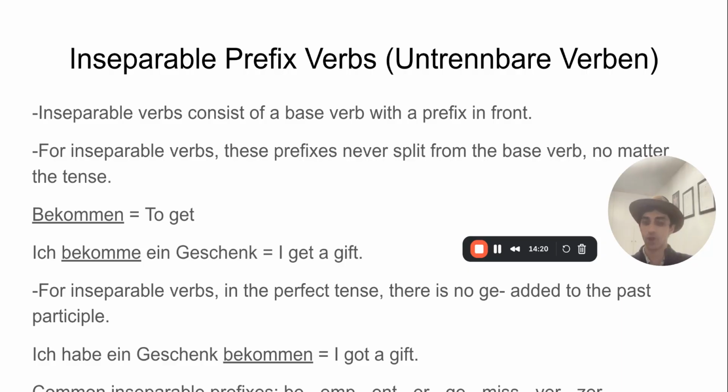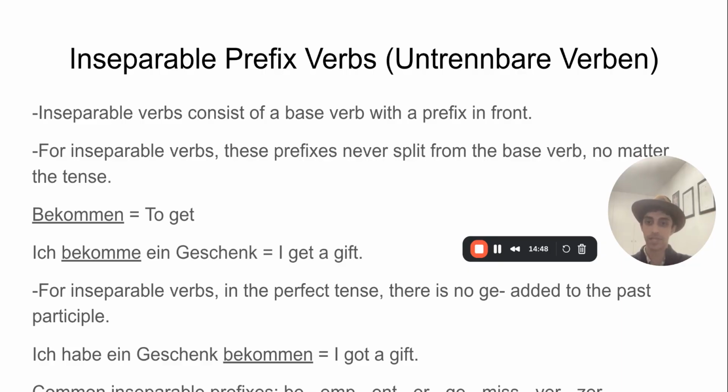There is a ge that's usually there at the beginning of past participles in German, but that's not the case for inseparable verbs. That ge is removed, and it's effectively replaced by this inseparable prefix instead. In this case, that inseparable prefix is be, but it could be ge, mis, or something else instead.